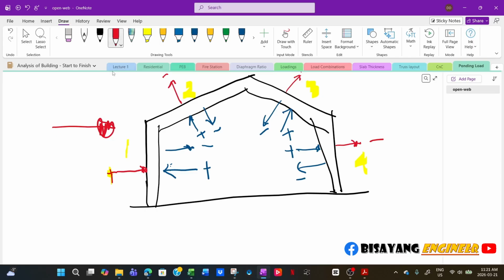Now, when you do the calculation, if you know already which one governs, then that's fine. You can analyze it directly. But I myself have a template because when we have a project, although this will be handled by a third party like the supplier, they will do the calculation itself.